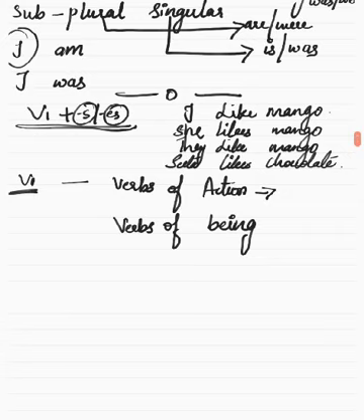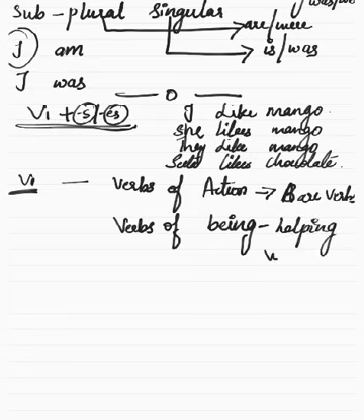Verbs of action are nothing but bare verbs, and verbs of being are nothing but helping verbs. The helping verbs help the bare verbs to complete the meaning. If you are not using helping verbs in the statement, the meaning remains incomplete. You may understand, but it will remain incomplete.